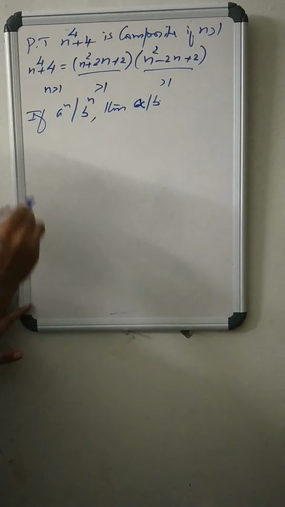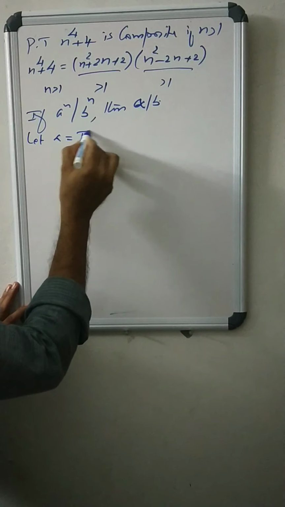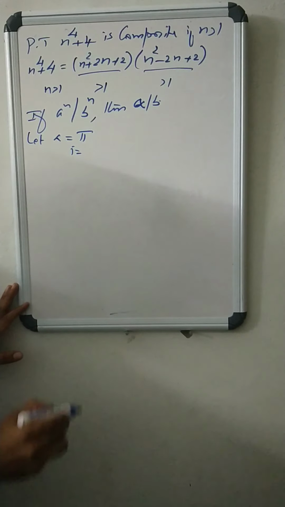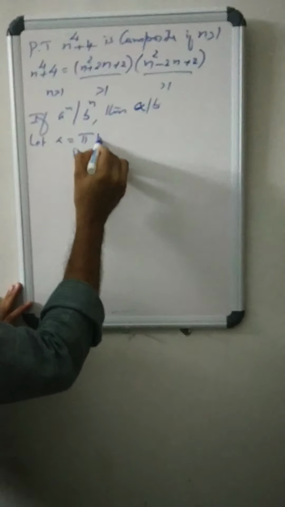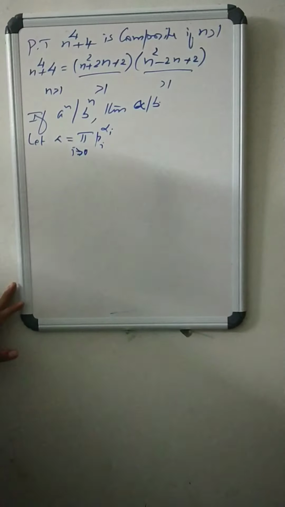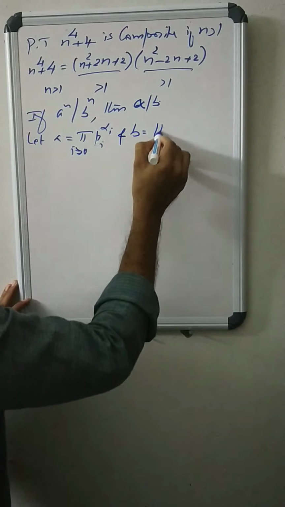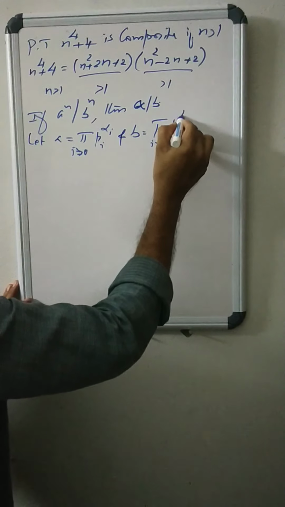So listen. Let a be the product of prime factors, a equals product of pi power alpha i, and b equals product of pi power beta i.